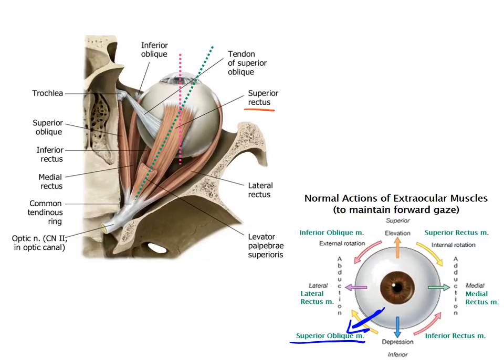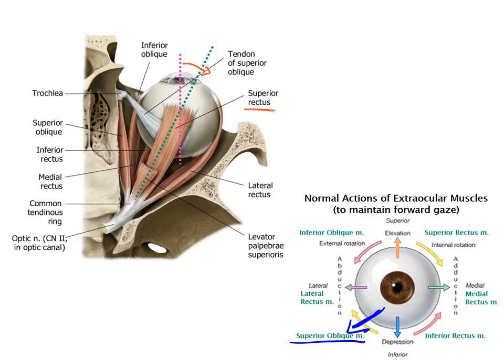In order to test the superior rectus muscle, the eye must first be abducted so that the axis of the eye comes into alignment with the axis of the muscle, which is shown here in green. In other words, we want the pink axis, the orbital axis, to come into alignment with this green axis indicated by the muscle. By aligning these axes, the primary function of the muscle is optimized.